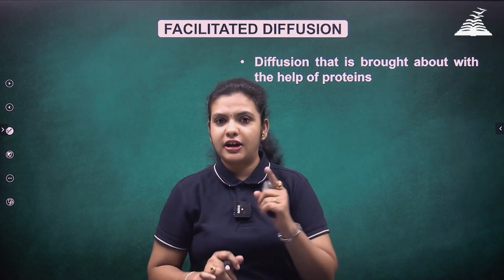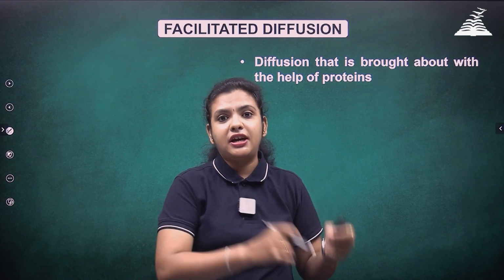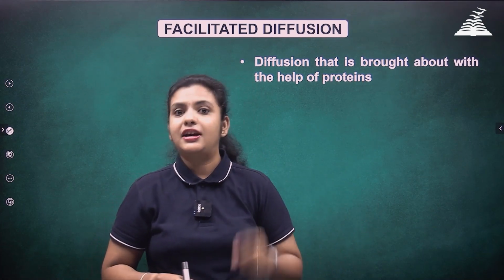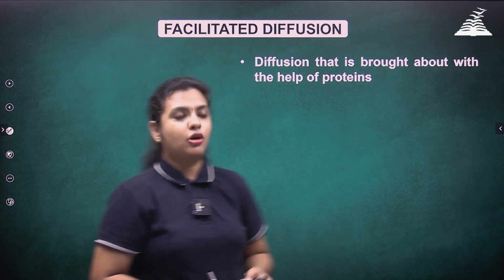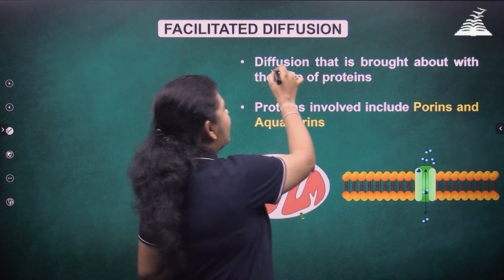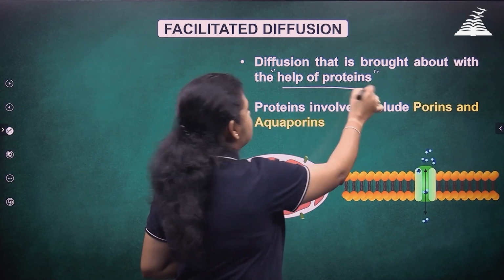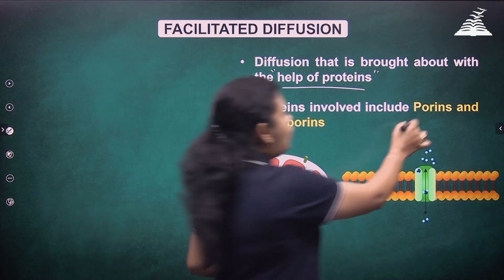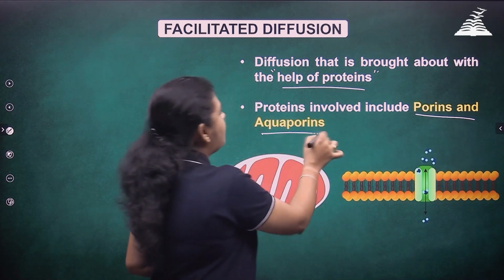That is diffusion, right? But somebody is going to help these molecules move. Who is that? It is the proteins, right? So here diffusion is brought about with the help of proteins, and these proteins are called porins and aquaporins.